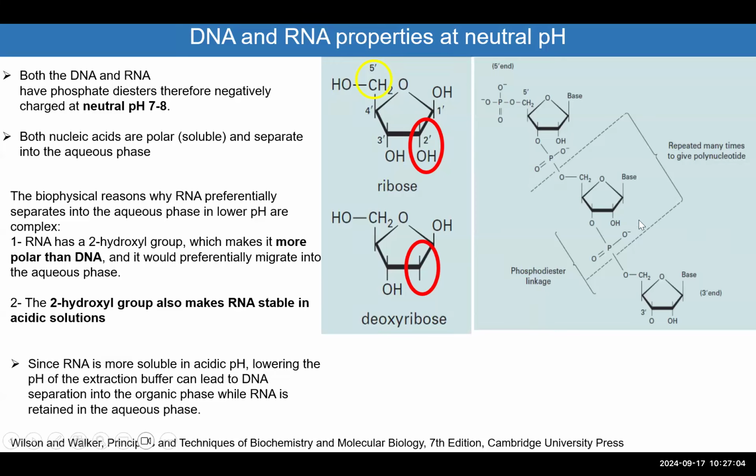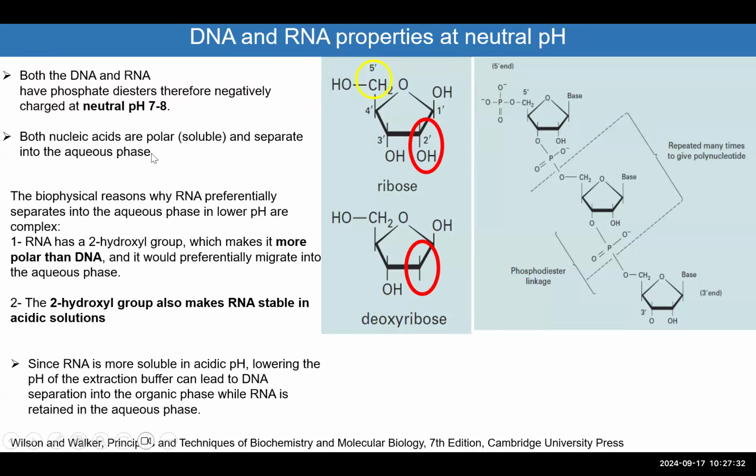And therefore, the phosphodiester linkage is negatively charged. So at neutral pH, both RNA and DNA are negatively charged, and therefore, at this pH, both RNA and DNA are soluble in aqueous solution or in aqueous phases.